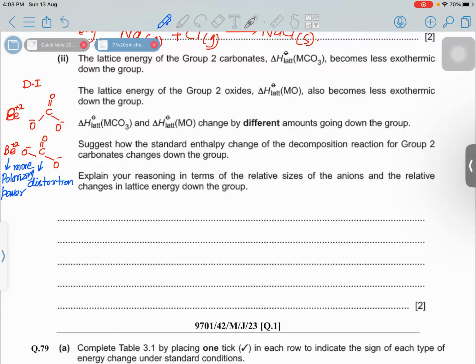So beryllium has more polarizing power while carbonate is distorted. So less energy is required.